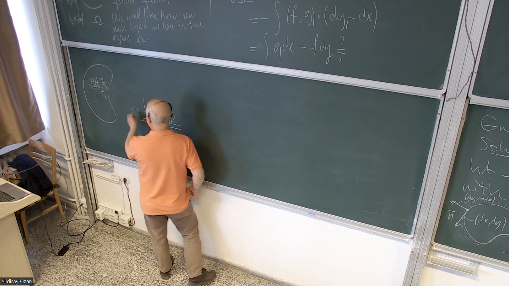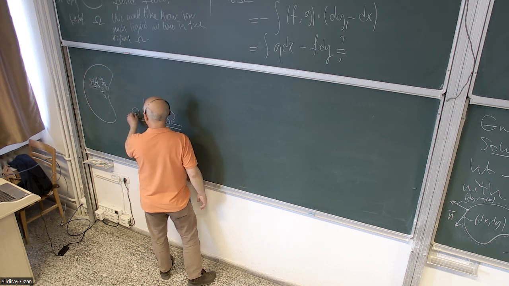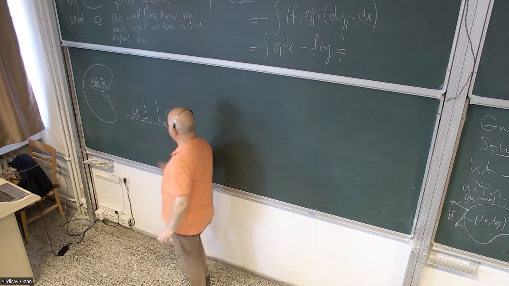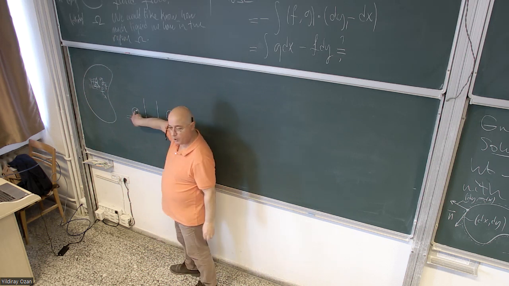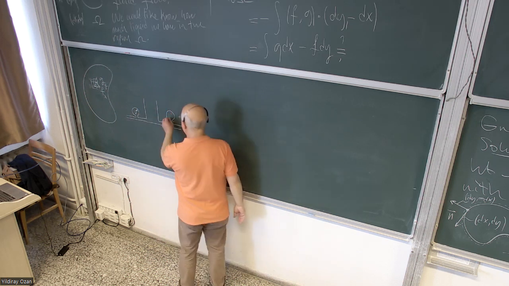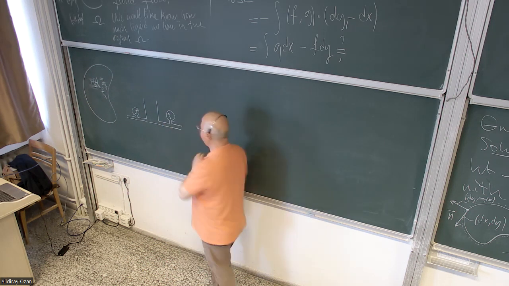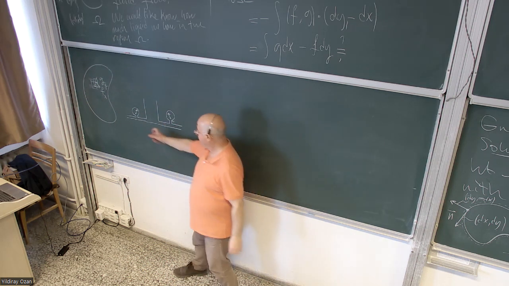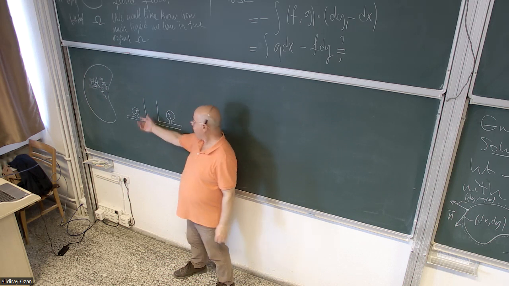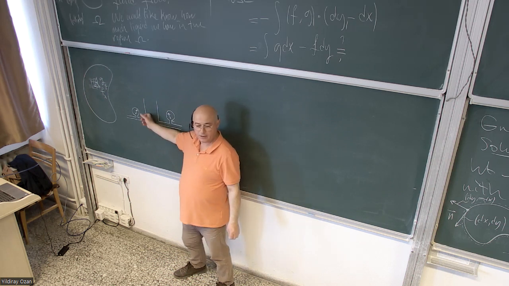So this is, let's say, the velocity of the water flowing in, and this is the velocity of the water flowing out. The difference is the amount that gathers in this pool, right?